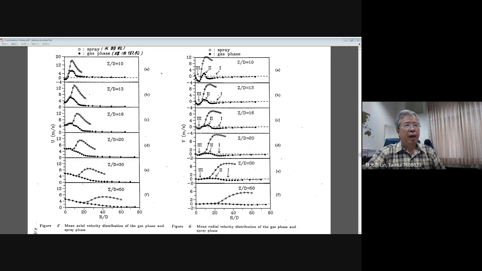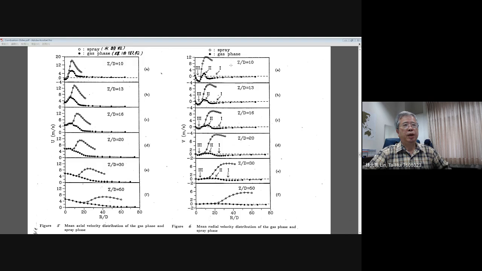And we go to the right hand side. You can see the radial velocity profile. Similarly, the radial velocity profile tells you there is a recirculation zone here, and this recirculation zone disappears completely at the section where Z divided by D is 20. In a similar way, you can see the highest radial velocities are very close to the boundary of your spray sheet.